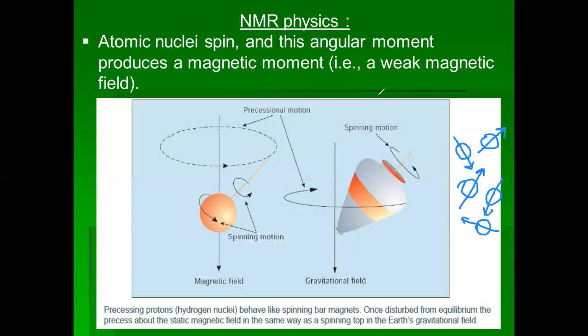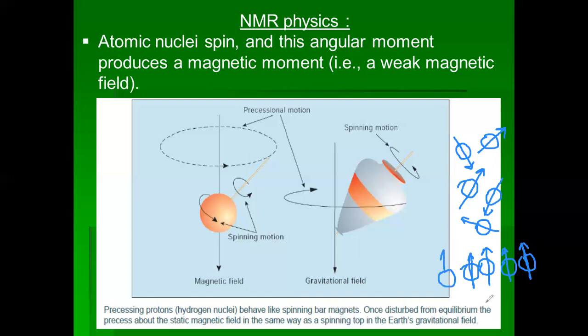And so we first have to apply a very strong magnetic field to polarize the hydrogen nuclei, so that a larger number are spinning parallel to the applied polarizing field, and some minor number of protons are spinning in the anti-parallel direction.